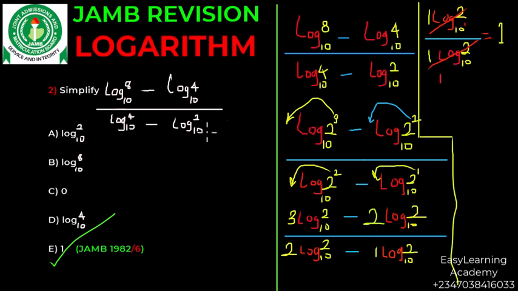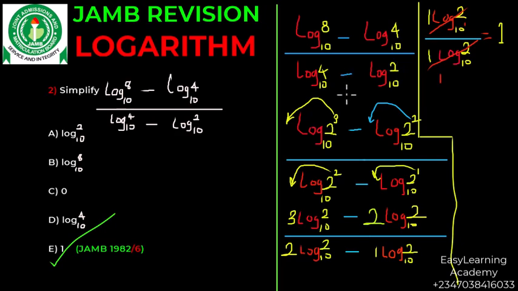Just a recap of what we did. This is the question we were given. We wrote it out here, and then we tried to break it down to the smallest of the logs, which was 2 here.